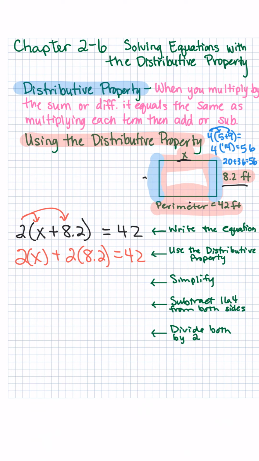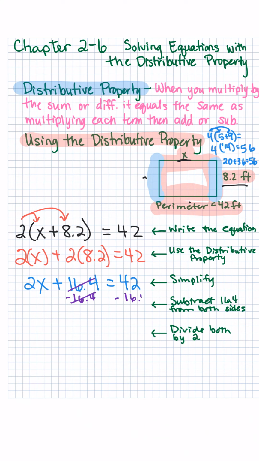So now we want to simplify. If we multiply 2x, all we get is 2x, but we can drop those parentheses, plus 2 times 8.2 is going to be 16.4 equals 42. So now we want to subtract the 16.4 from both sides. We subtract 16.4 from this side, that gets crossed out.